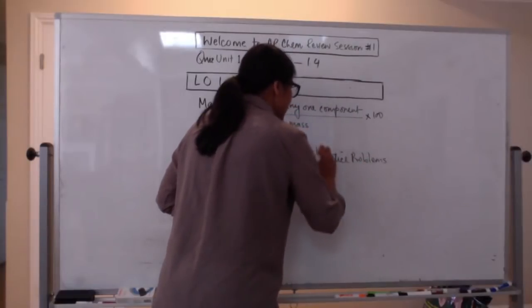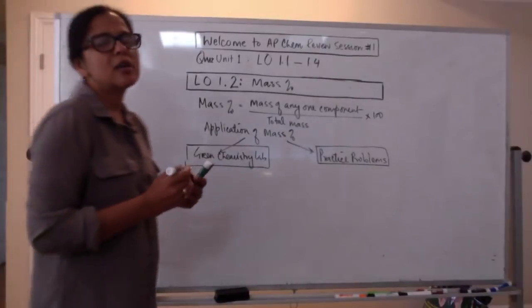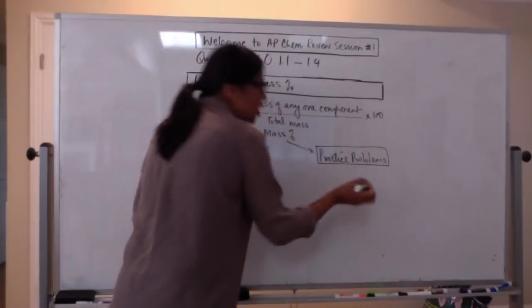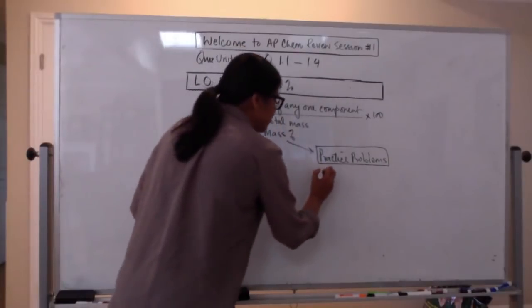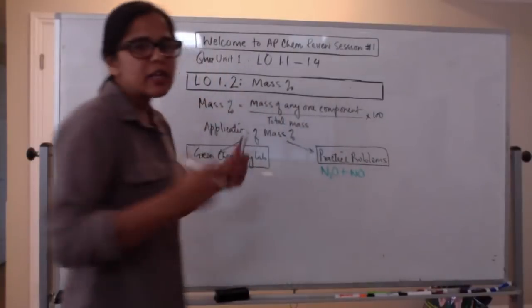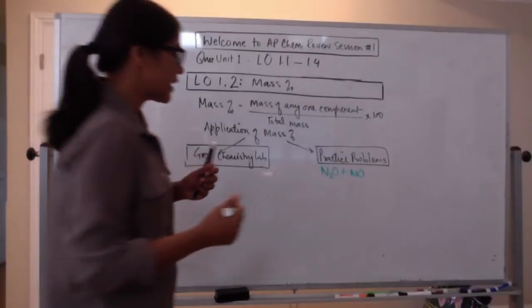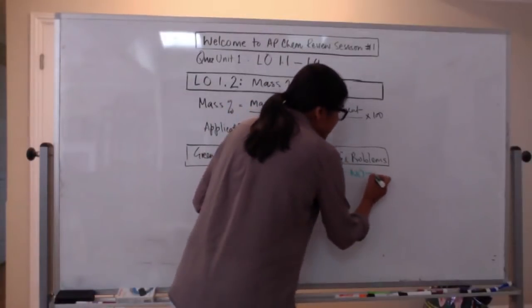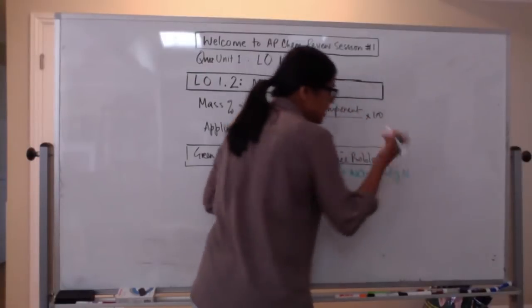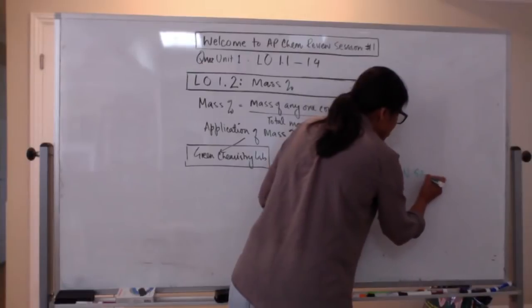So for practice problems, the very typical mass percent problem will say there was a mixture of two things. I will take the example of N2O and NO. A problem will say there is a mixture which has N2O and NO, these two compounds in there, and then they will give you the total grams of N. From this, they will write some number. Let me make up 52 grams.